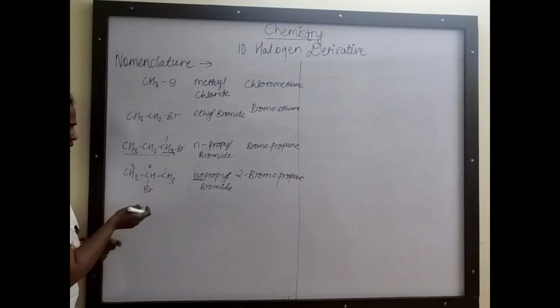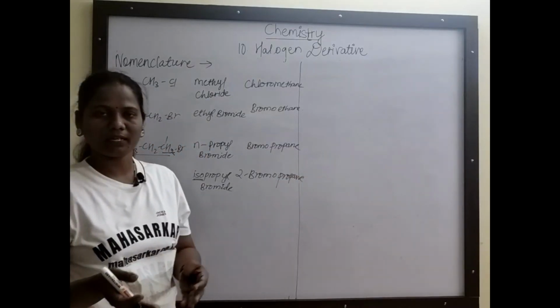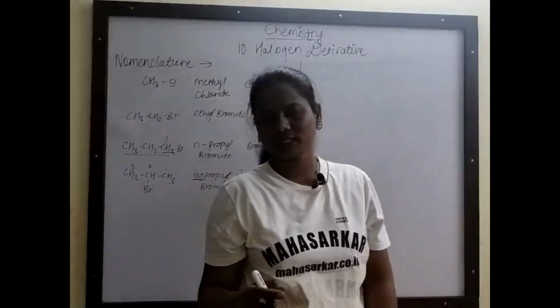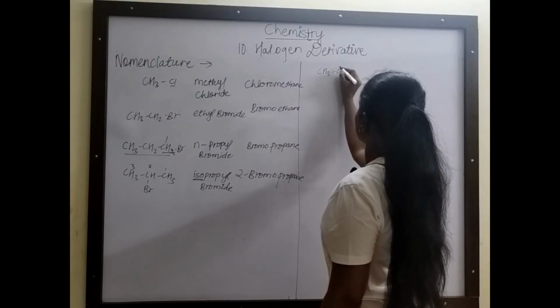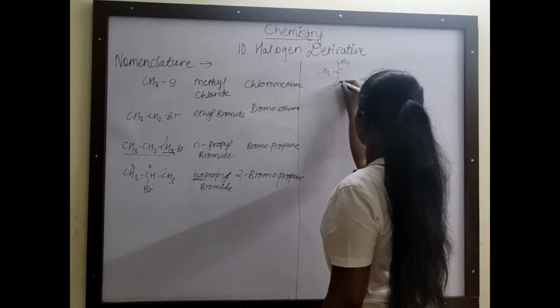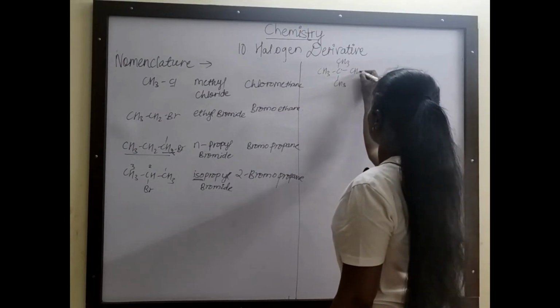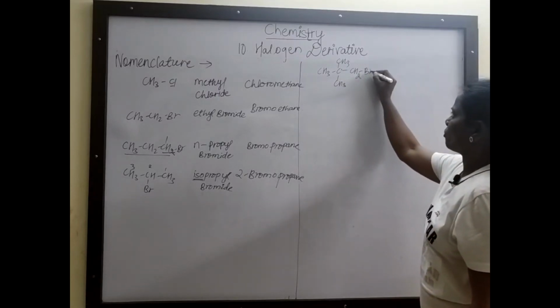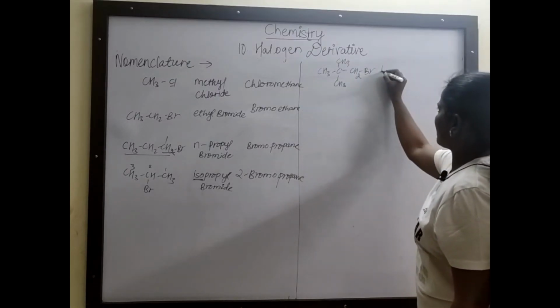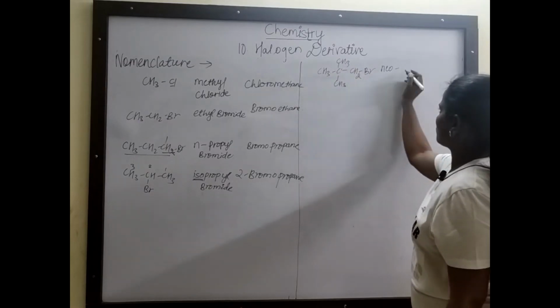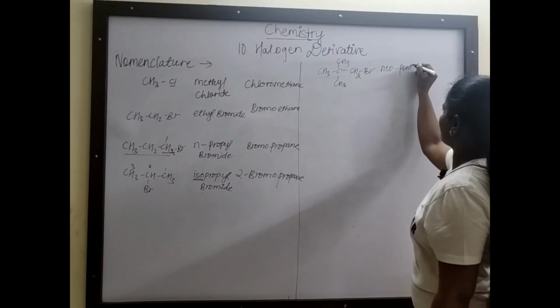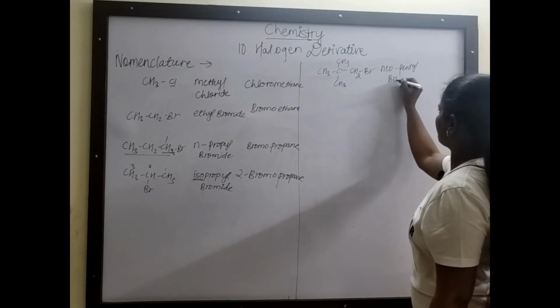Similarly, we can attach to the 4 carbon atom, 5 carbon atom, 6 carbon atom. One example we will see of this one: CH3, C, CH3, CH3, this is CH2, and this is bromo. Now this type of structure is named, in common name, neo. 1, 2, 3, 4, 5. So neopentyl bromide.